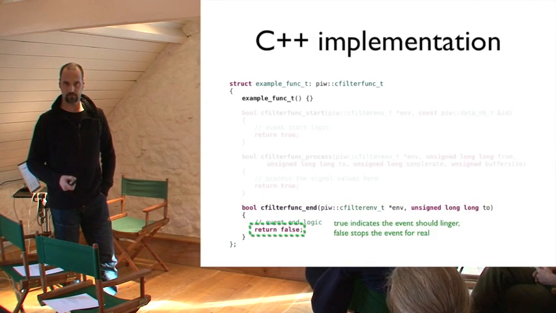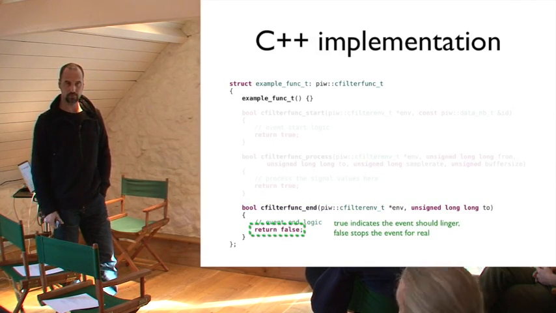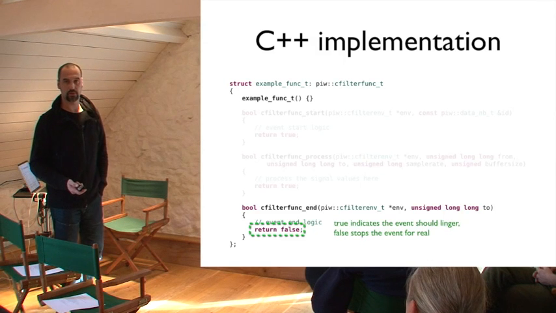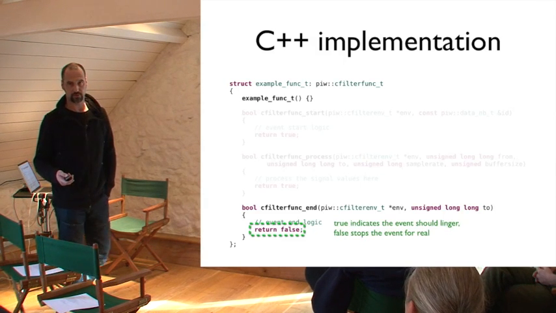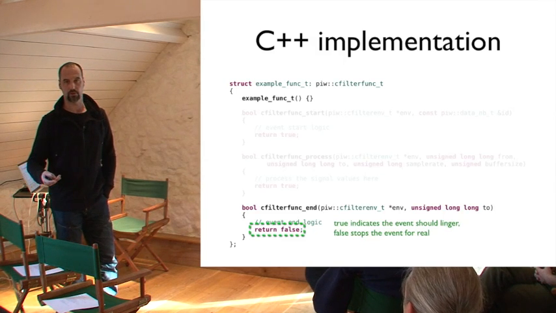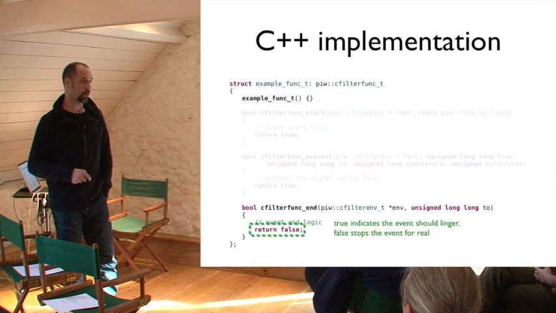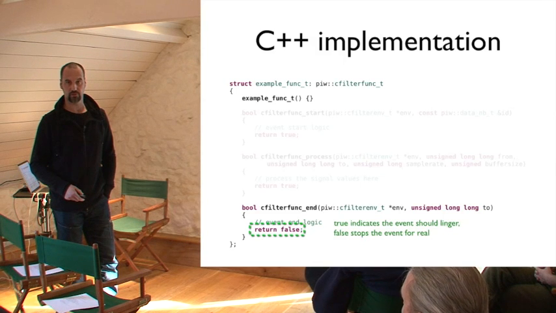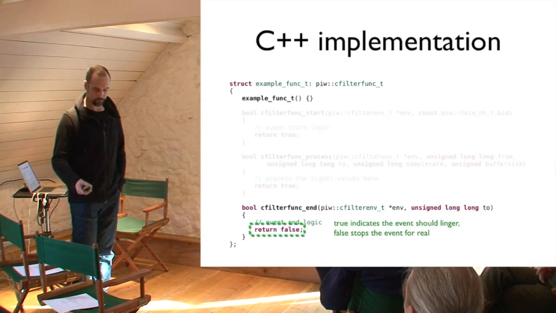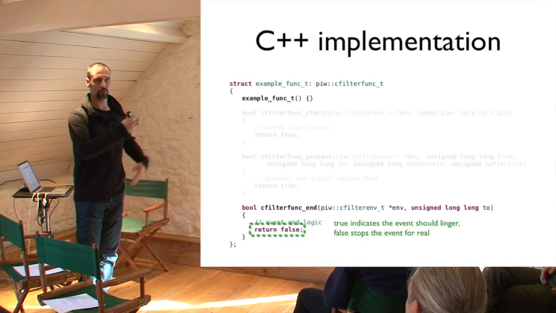You can continue processing after that end. Yes, because you might do like the tick. Here you get the option of actually continuing processing after that ends. If you return true, it means that this event will continue lingering on, and you still get the process calls, which is how you get those linger events when you press the hold pedal after the actual event has started.